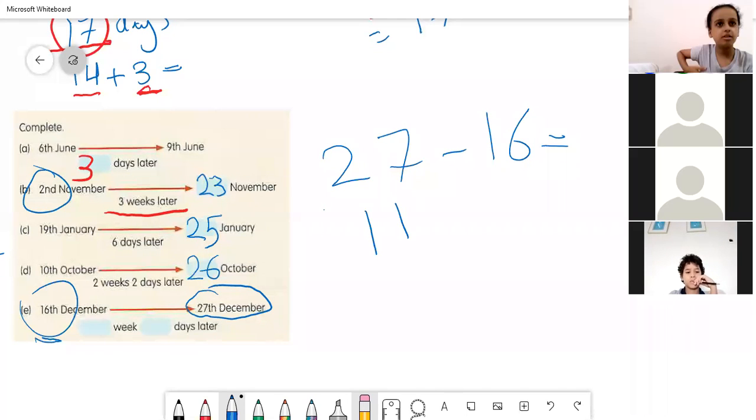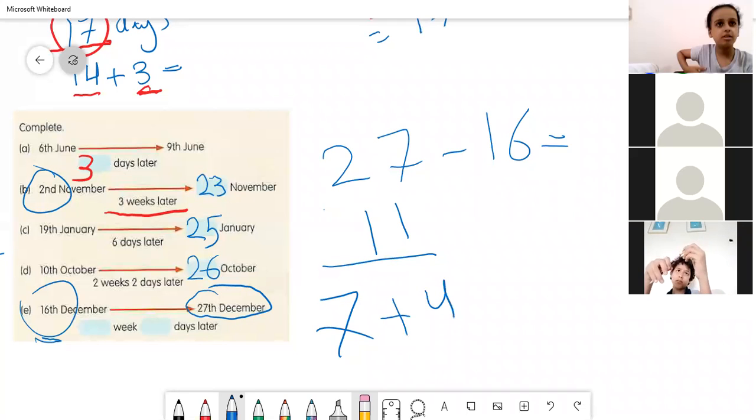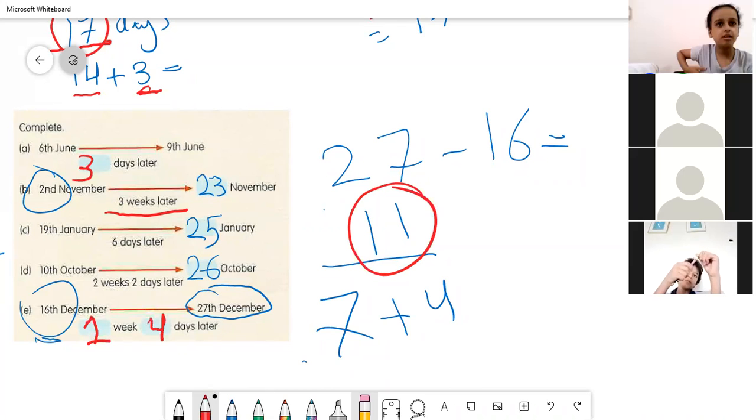Yeah, 11 days. Then 11 days: how many weeks and days in 11 days? We say 7, 1 week. 1 week and 4 days, because 7 plus 4 gives us 11. So it's going to be 1 week and 4 days. Is that clear?